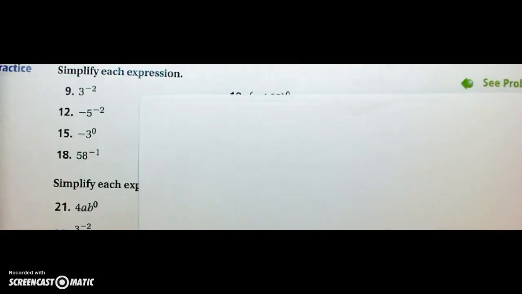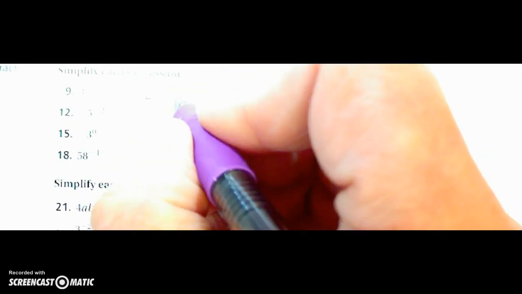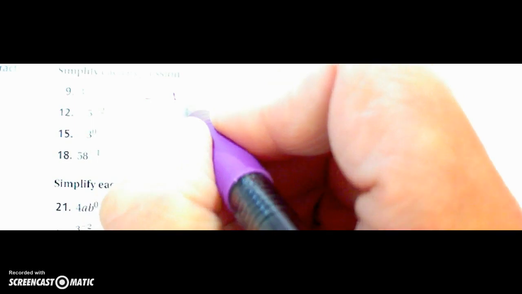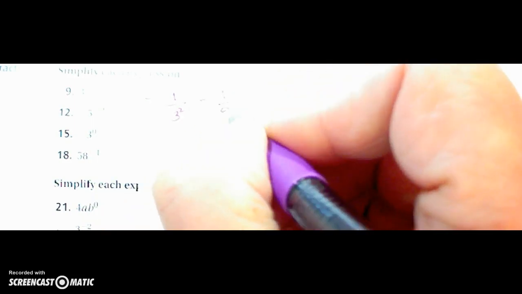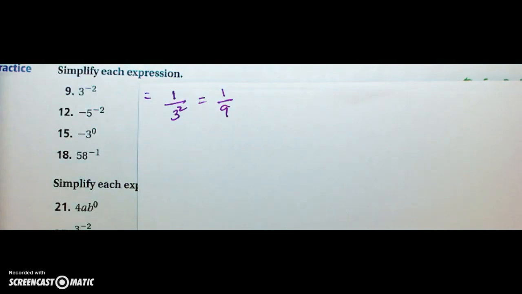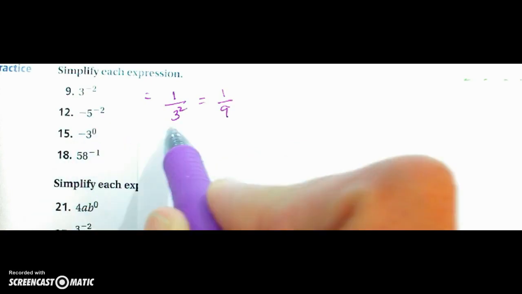Okay, it says simplify each expression. Number 9, it says 3 to the negative 2 power. I know that is equal to 1 over 3 squared, and 3 times 3 is 9, so there's my answer. Then I have a negative 5, but the negative is not part of the exponent.